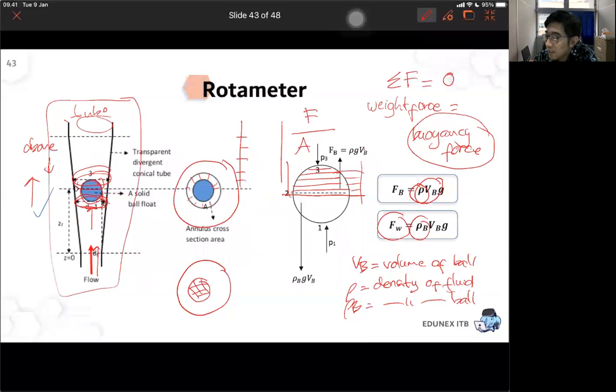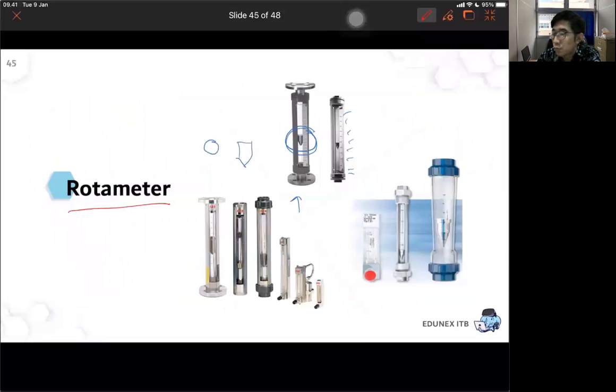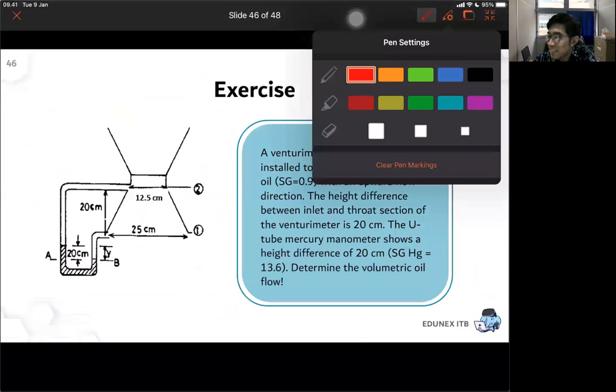Okay. These are the types of fluid flow, the velocity of the fluid flow. This one I already put in the homework, but have you tried? Has someone tried this exercise?